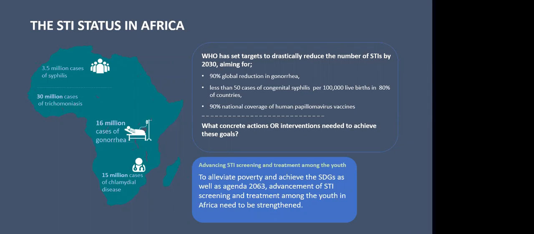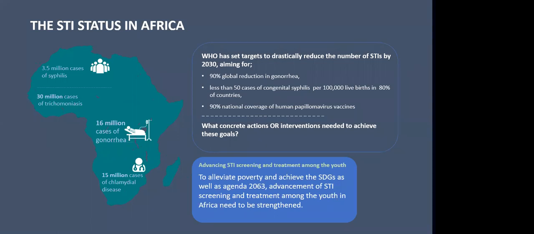So for prevention and control of STIs, some of the strategies that come into play, as my colleague has mentioned, I would say education and counseling of persons at risk on ways to avoid STIs through changes in sexual behaviors, and also the use of the recommended prevention services.